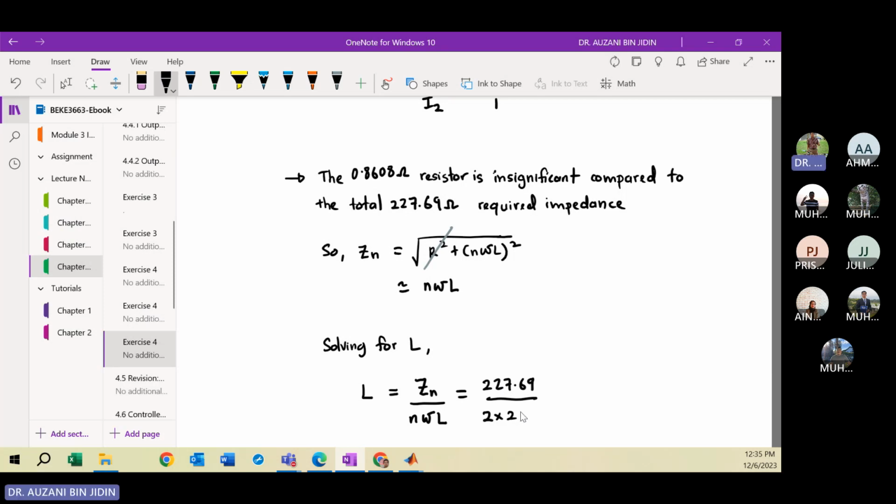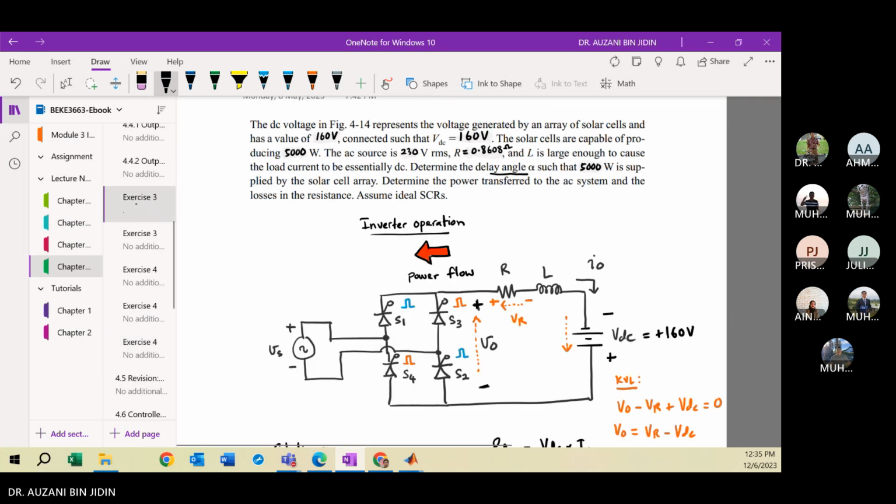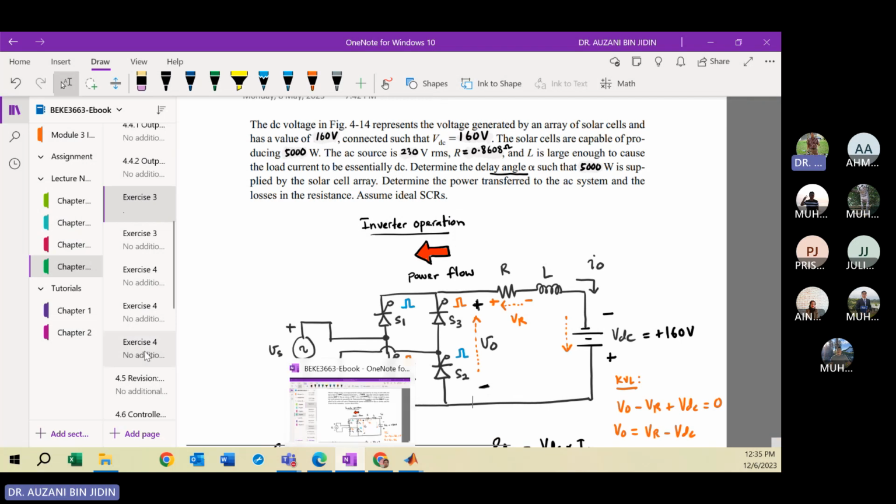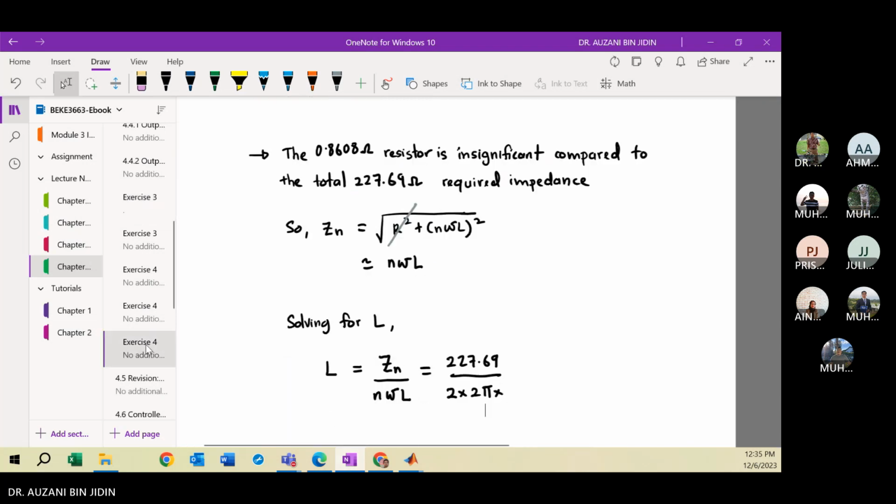Omega is 2 pi f, 2 pi. What is the frequency value? Maybe we can assume the frequency is 50 Hertz. Then finally, you can solve for L, which is 0.362 Henry.